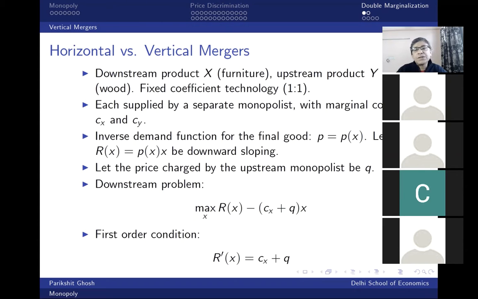But you can think of mergers which may be called vertical mergers. So, for example, there's a chip manufacturer like Intel or Qualcomm, and there's a PC manufacturer like Hewlett-Packard, let's say. So if Intel and Hewlett-Packard merge together and become a single firm, that's an example of a vertical merger, right?